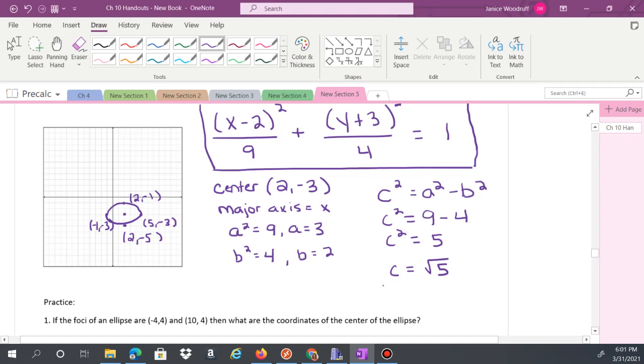So it would be 2 plus square root of 5, comma, -3, and 2 minus square root of 5, -3. Okay, so try some practice. 5 problems, and then we will go over them.